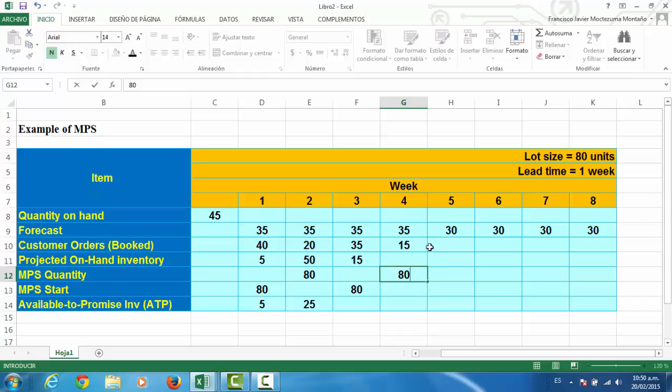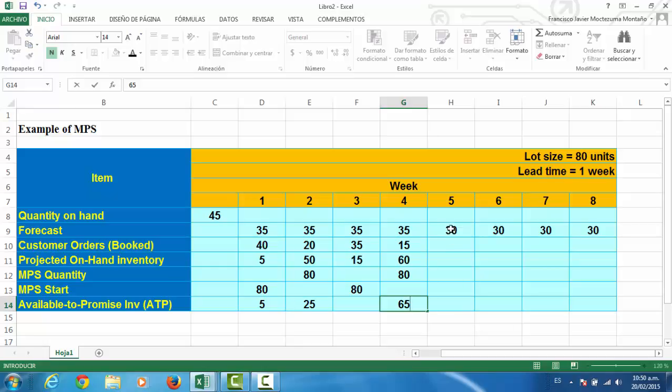And then we need to supply 35 units. We will get 60 units on inventory. What about the ATP? MPS quantity, 80 units, minus the customer orders, 15 plus 0. So, we have an ATP of 65 units.